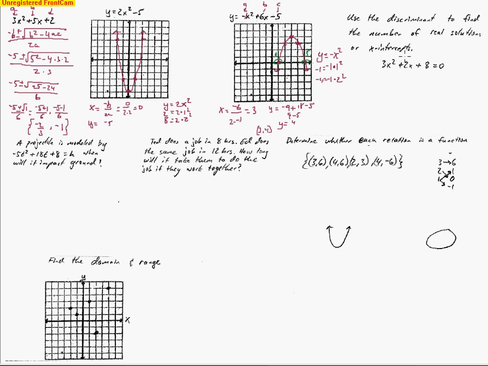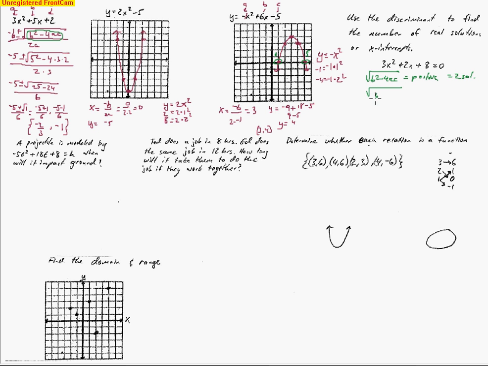Here we're supposed to use the discriminant to find out how many real solutions there are, or x-intercepts. The discriminant is a portion of this quadratic formula right here, the b squared minus 4ac. See, if this square root of b squared minus 4ac was positive, that would give us 2 solutions. 2 because that means that we have to add or subtract that value.